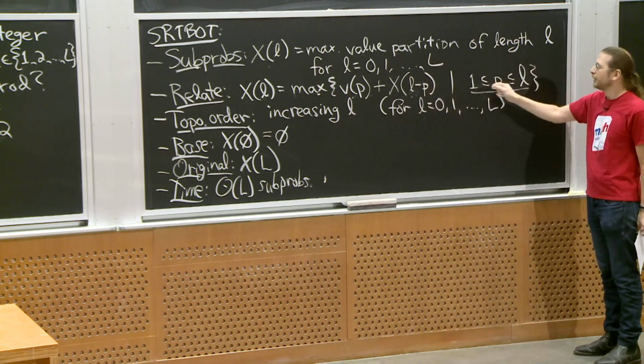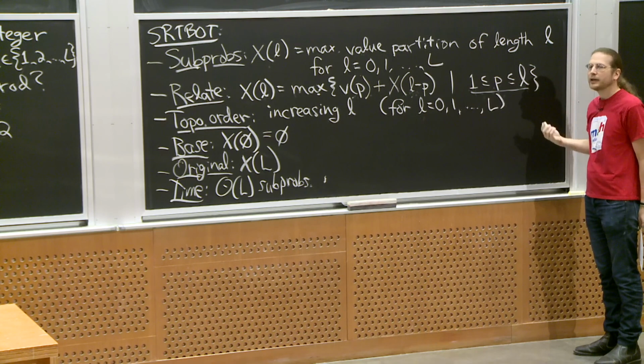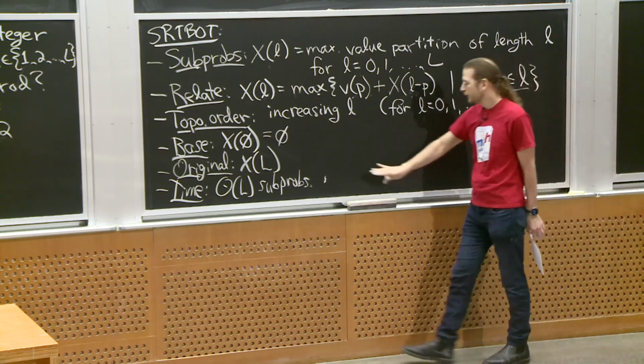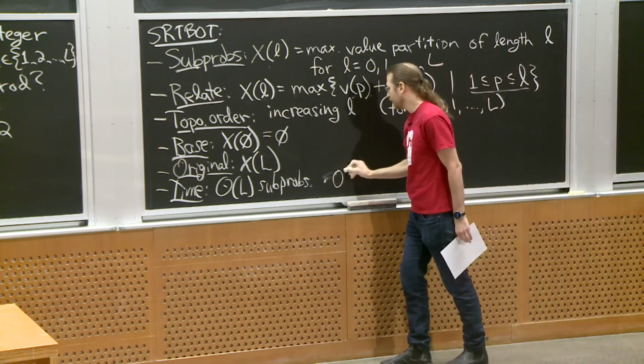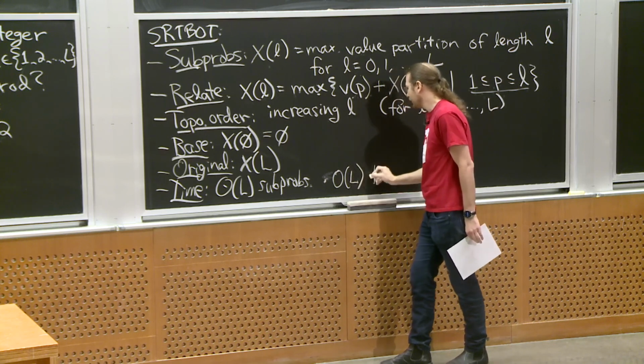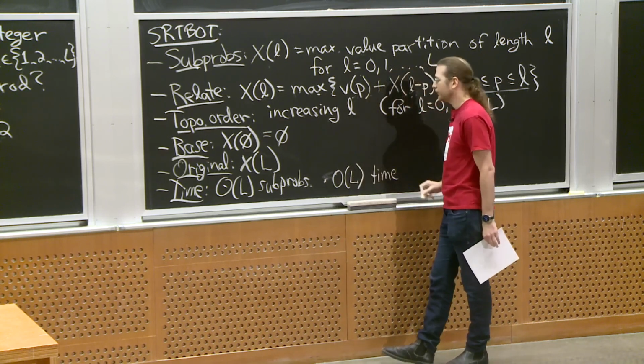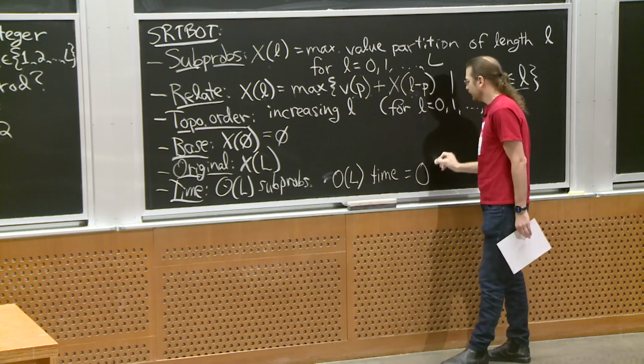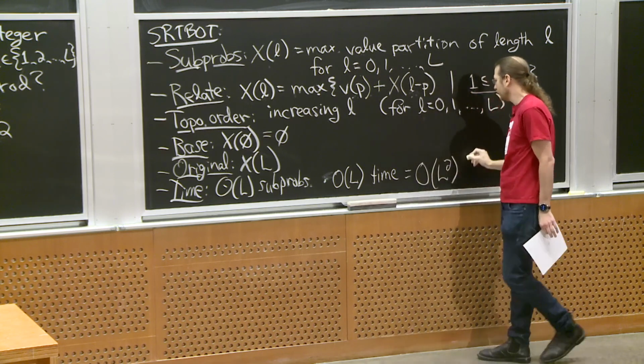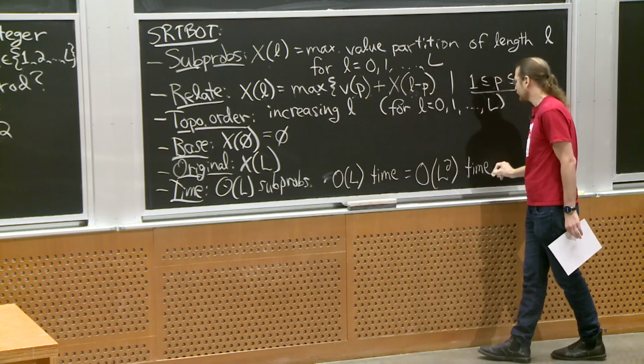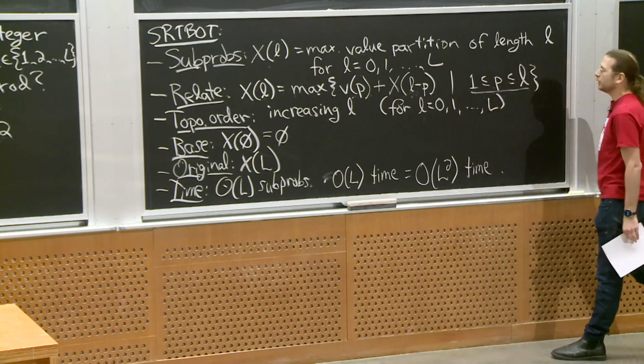And so it takes little l time. Little l is certainly at most big L. And so we'll say big O of big L time. It's actually a triangular number, but it will only affect things by a constant factor. So we get L squared time. And we're done.